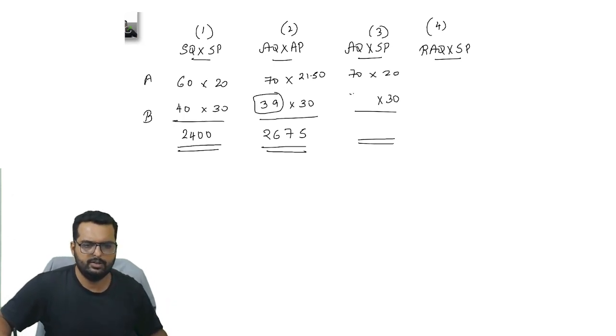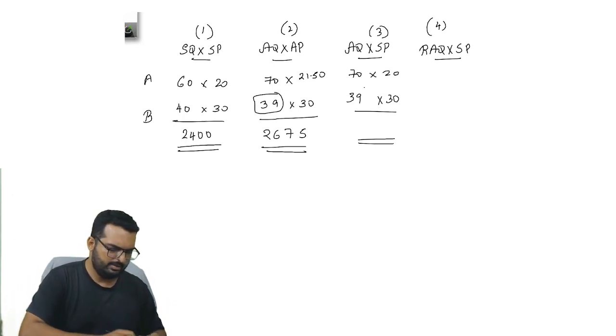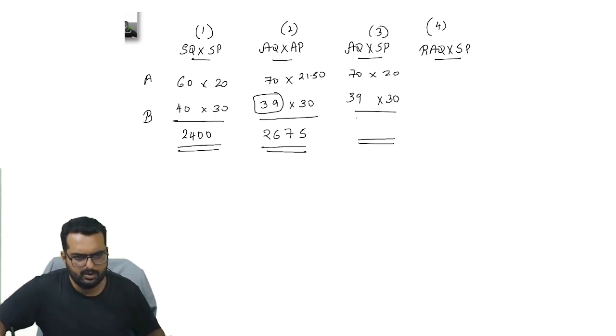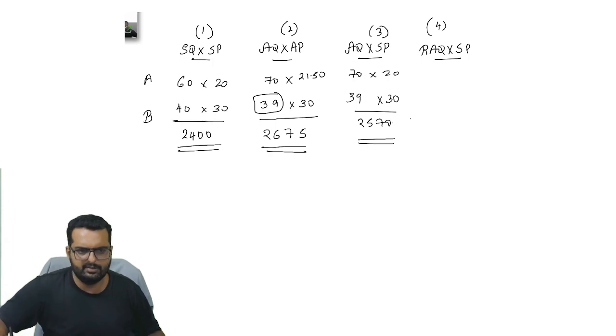All right. Here also I will get what? 39. Once you get this, remaining is very, very easy. 2570.